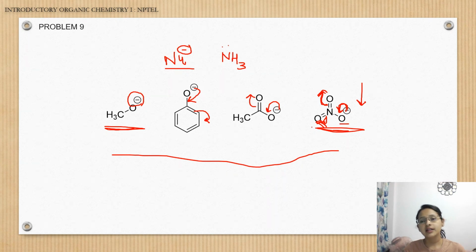It is involved in the resonance as well. So the electron density on the oxygen is least in the case of nitro, right? Is it understood why nitro has the least electron density?